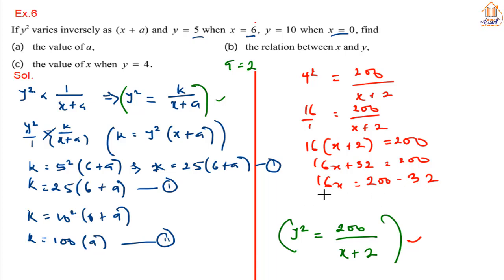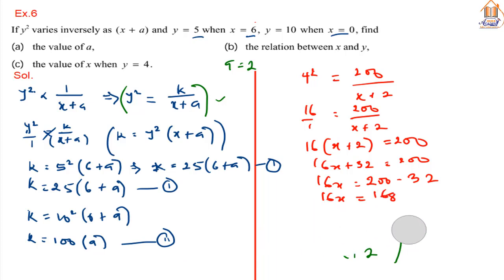So 16x is equal to 168. We're going to divide both sides by 16. 16 cancels 16. Our x will now be equal to 168 all over 16.